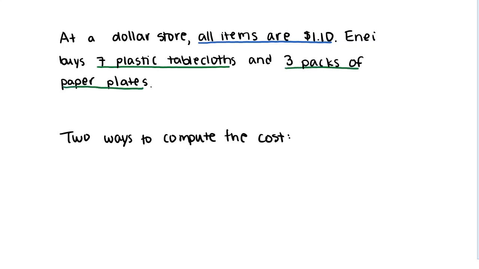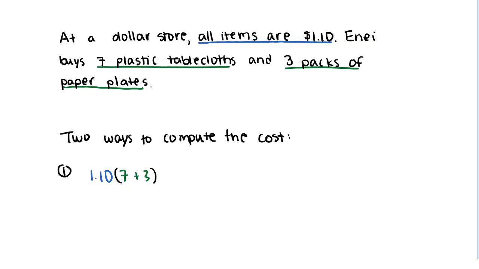Right, so one way I can compute this total cost, the first way that I'd like to discuss, is, well, there's 7 plus 3 total items that are being purchased. And for all of those items, NA is going to pay $1.10 each. So it's going to be $1.10 times however many items there are. So 7 plus 3.